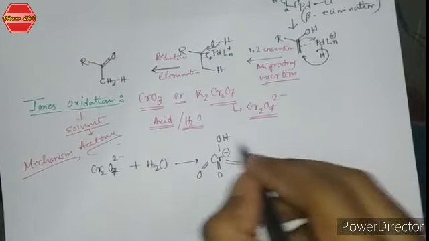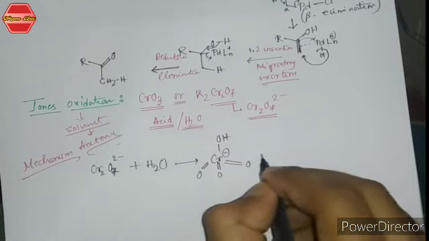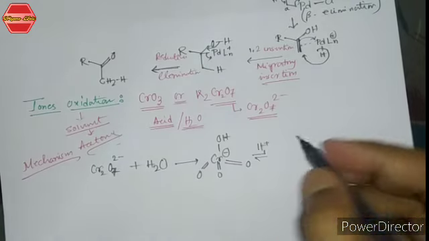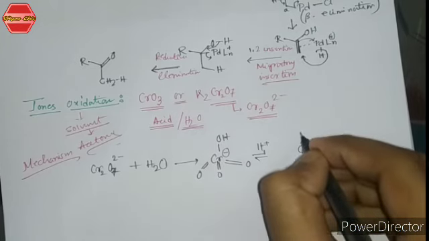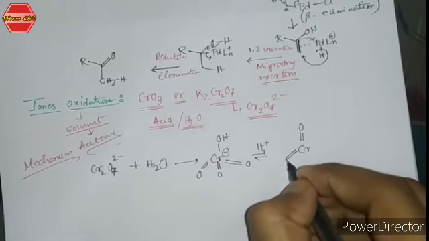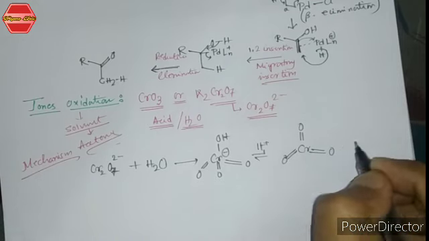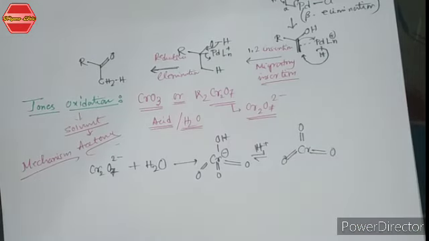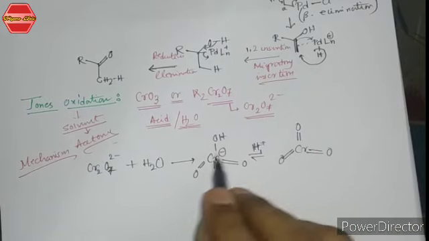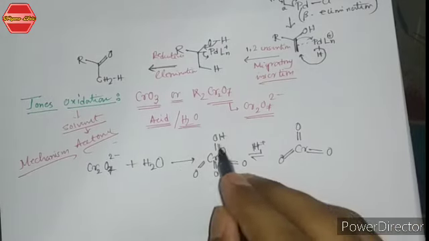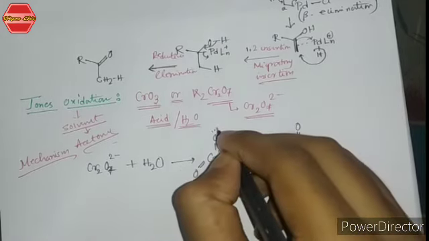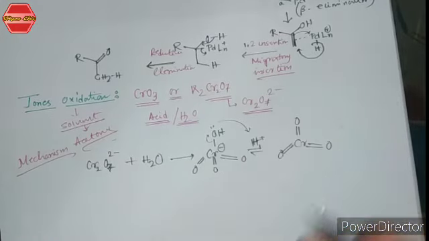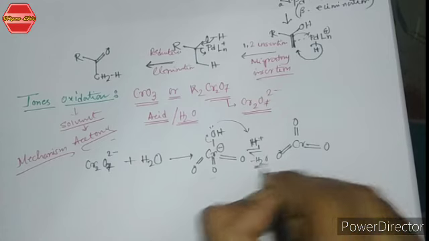This part is removed from the system as water. This OH lone pair of electrons takes the proton, and this will leave the system as water. You can see here, that is minus water.